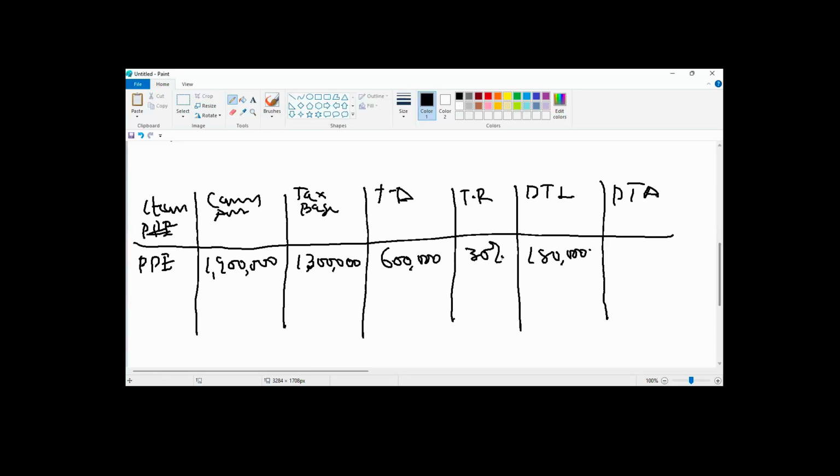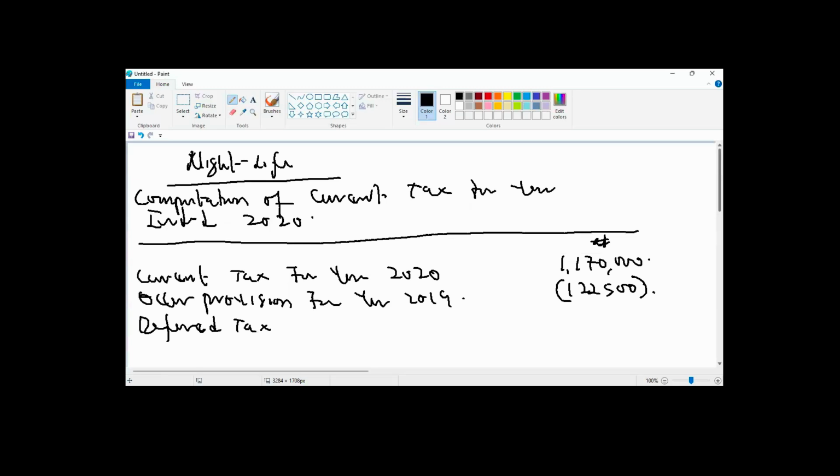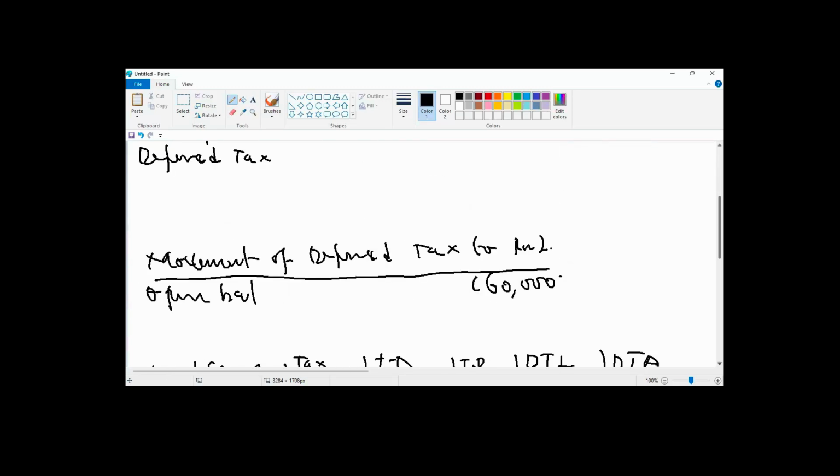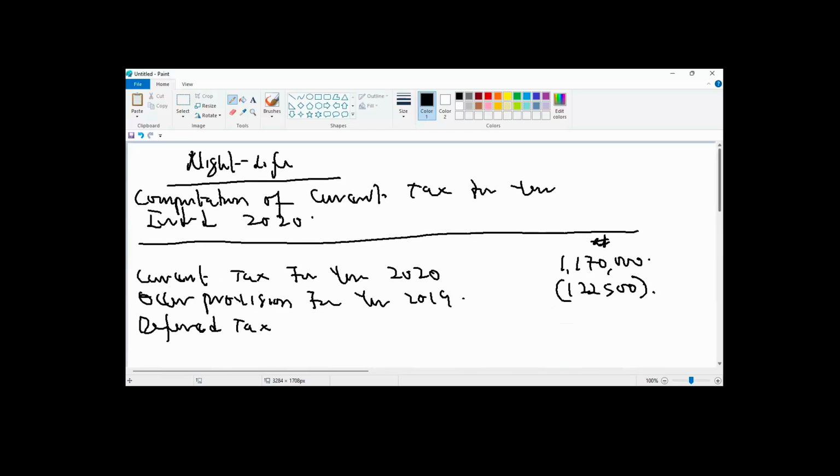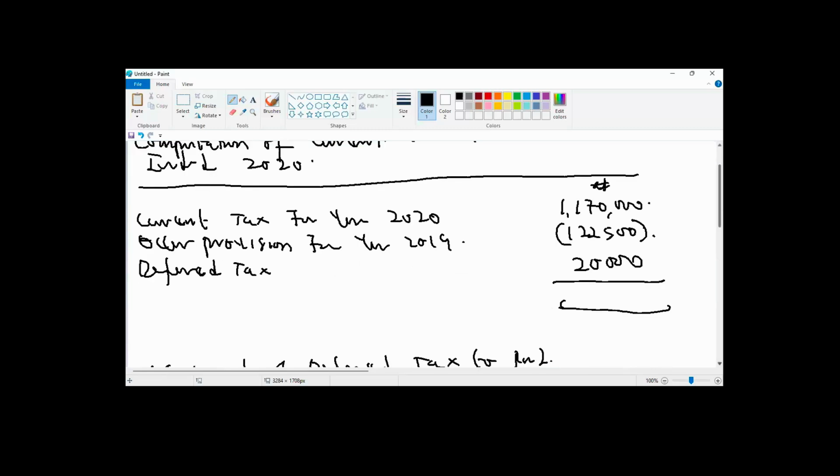Go to the question. I will go and say, what is the opening balance? Closing. Charge of 20,000. Charge. $1170 minus 122,500 minus 20.